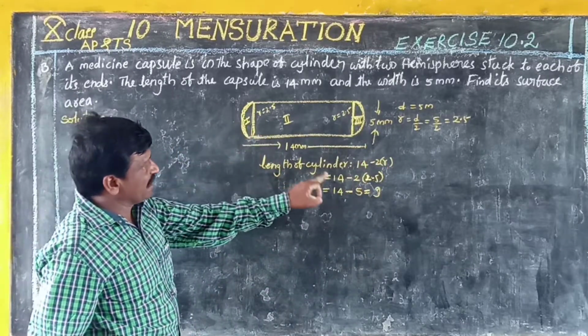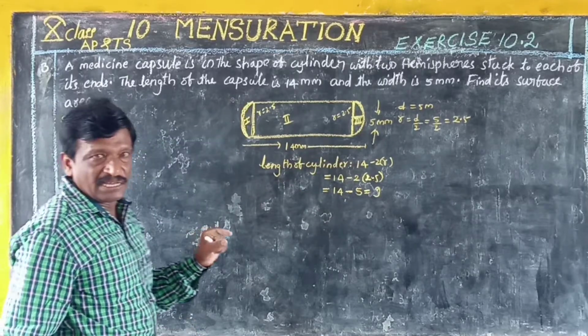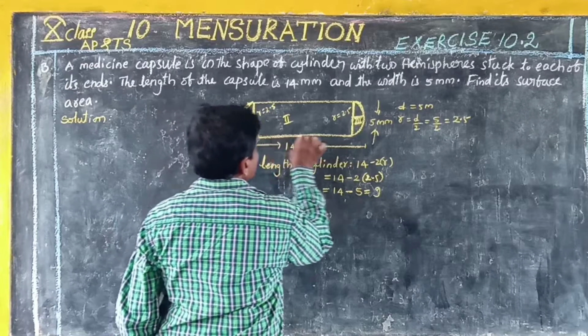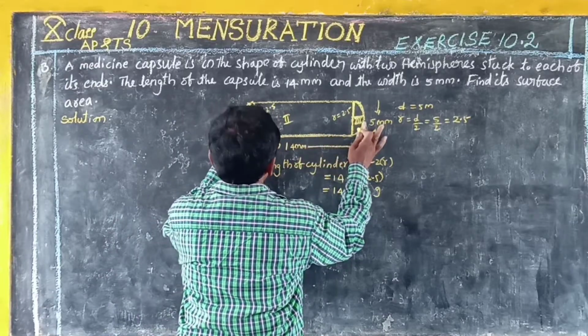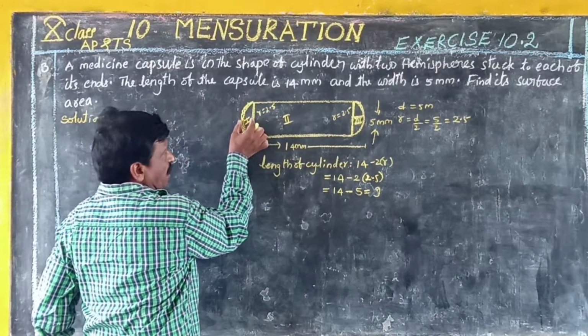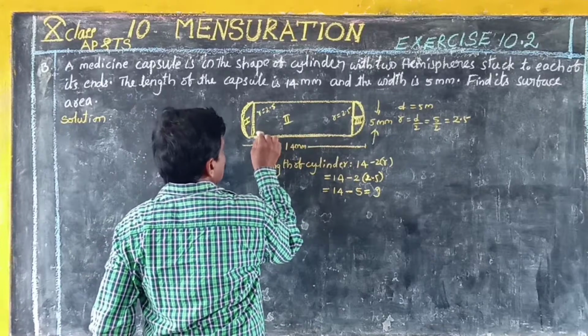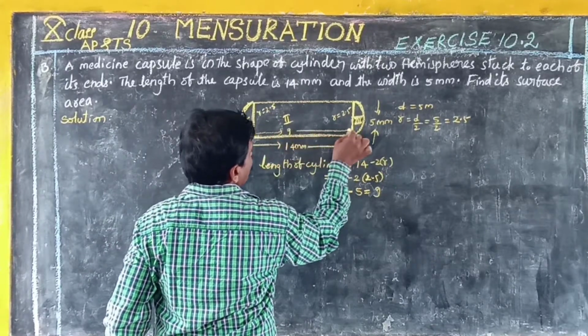So the length of the cylinder is 9, and R is equal to 2.5. Do you understand? The total is 14, and this is 2.5 on each side. 14 minus 5 is 9. This is 9 centimeters only.